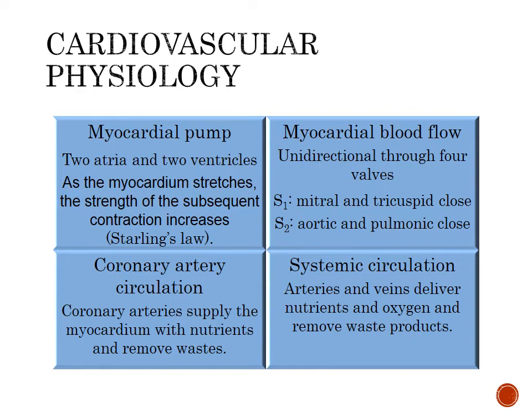To maintain adequate blood flow to the pulmonary and systemic circulation, myocardial blood flow must supply sufficient oxygen and nutrients to the myocardium itself. So blood flows through the heart unidirectionally. The four heart valves ensure this forward blood flow.